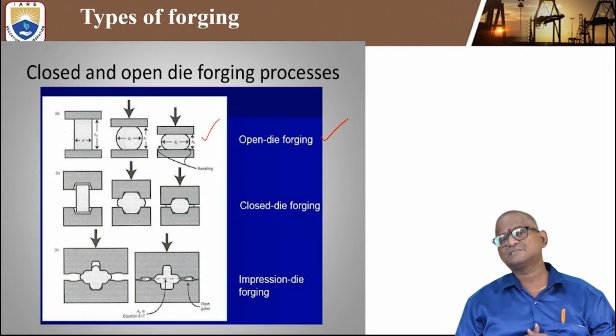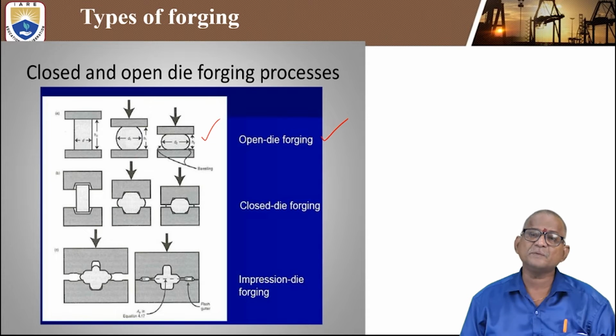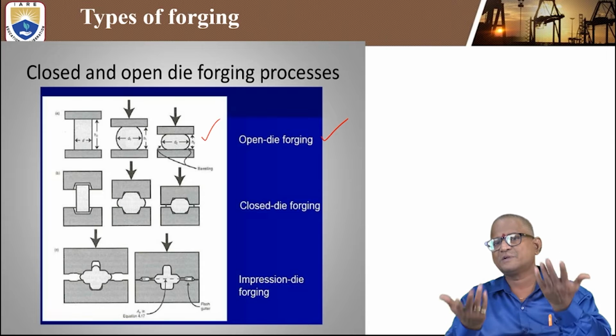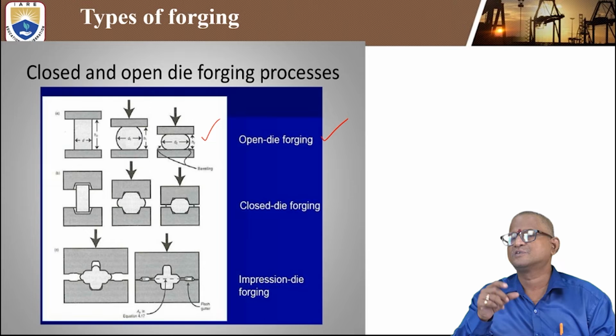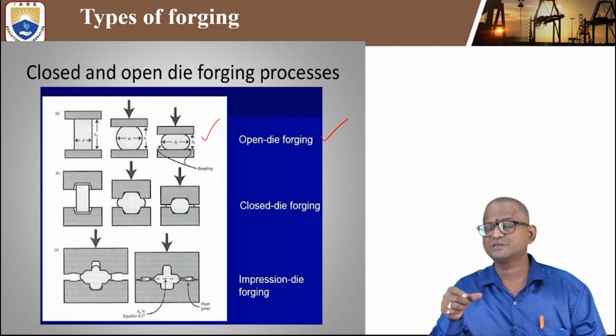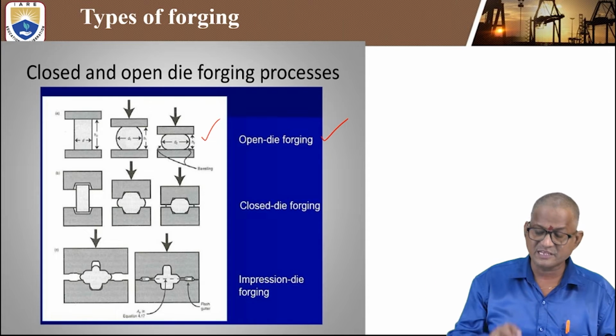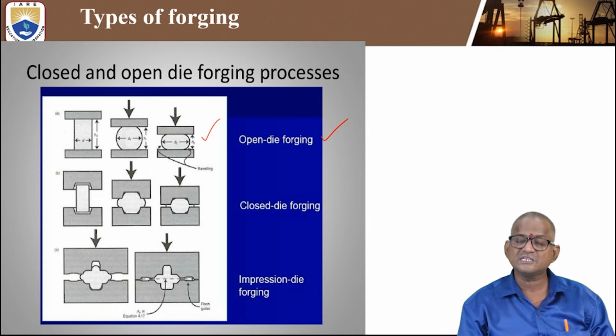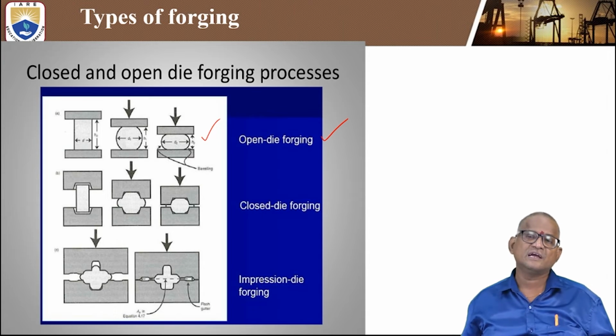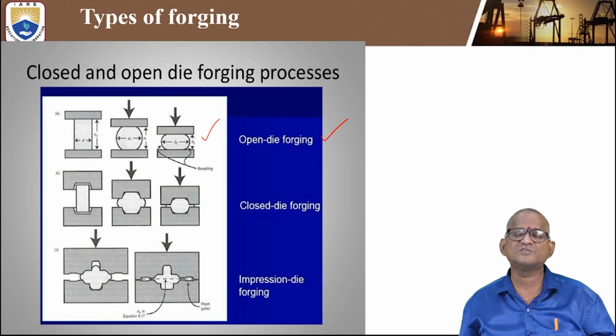And the third and important thing is impression die forging. What is meant by impression die forging? There will be some toy shapes and some automobile sector shapes, some integrated shapes. Obviously, integrated shapes can be obtained with the impression die forging process.